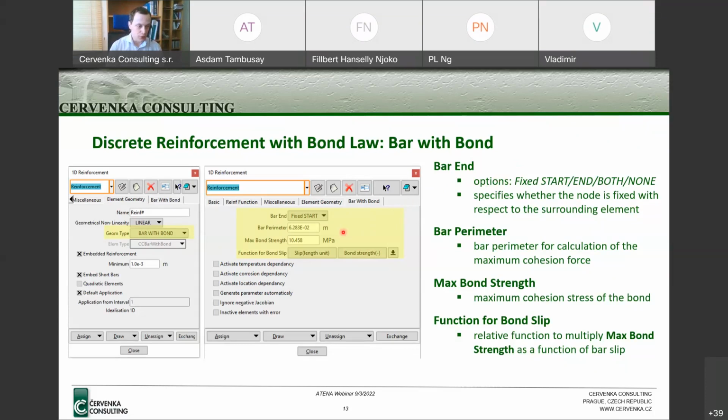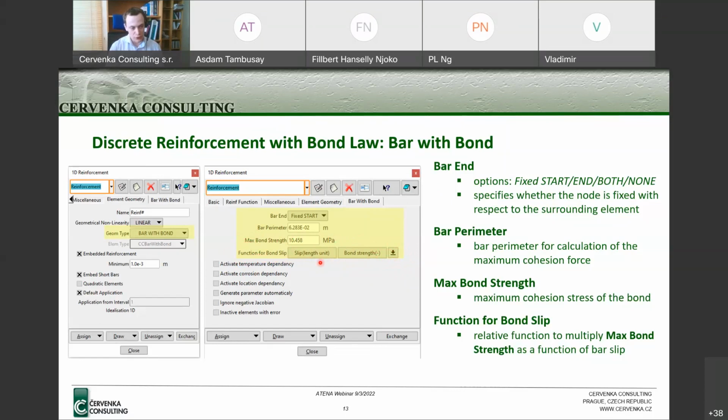Then of course we need to know the bar perimeter, which depends on the radius of the reinforcement. Then the maximum bond strength, and the function of the bond strength with respect to the slip. This function is inputted as a relative function, so the maximum bond strength is multiplied by this function.